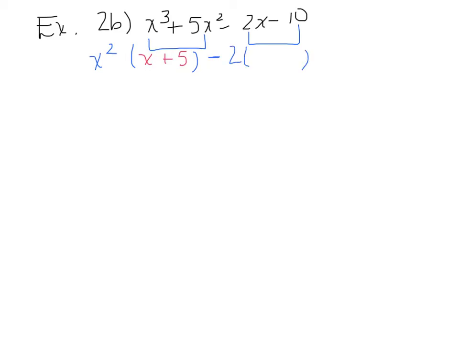And I'm left with x plus 5. And then you do like we did before. They both have an x plus 5 in common. And then if you write what's left, that'll be x squared minus 2. And if you multiply it back out, you should get back what you started with. So that's grouping.